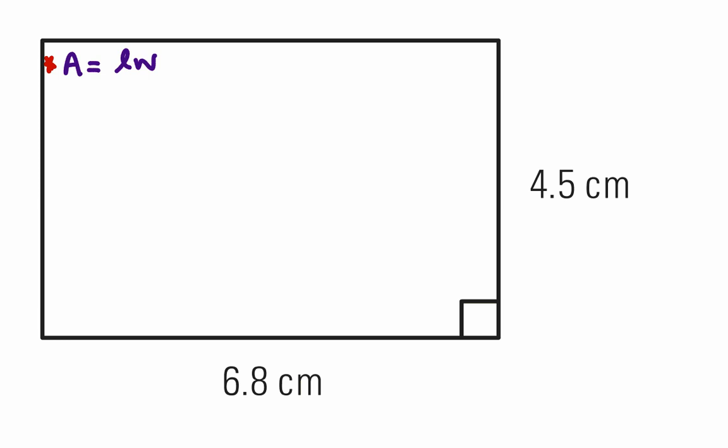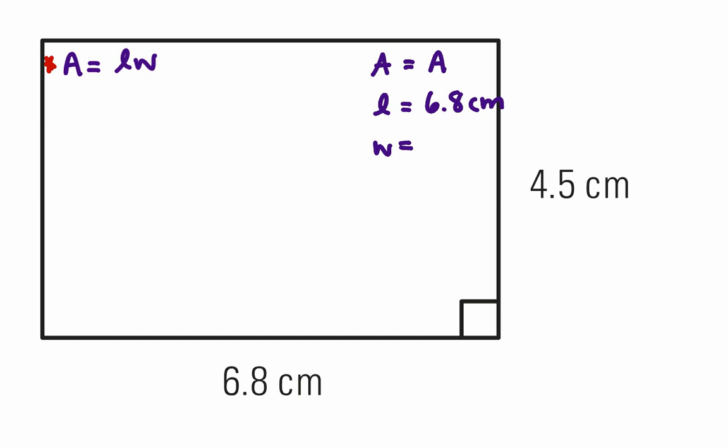Your second step is tell me what your variables are equal to. Variables meaning the letters you have in your equation. So I've got A, I've got L, I've got W. I need to identify what information I have and what I need to replace. So area is what I'm looking for, so it's just going to stay. What is my length? 6.8 centimeters.